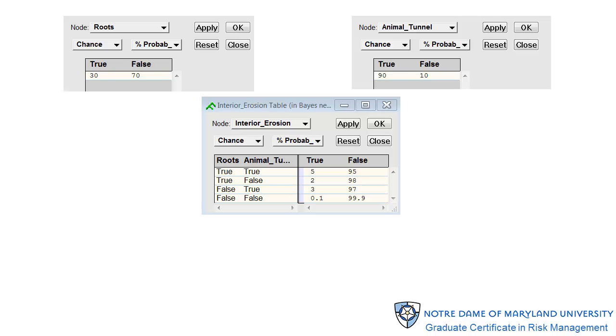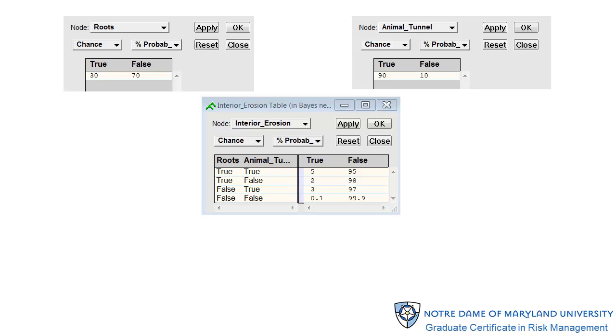Now let's move on to the internal erosion node, because it has two parents, there are four possible conditions for its two parents. And these are true, true; true, false; false, true; and false, false. Now let's suppose that the parents, or the conditional information, yields a true, true situation.